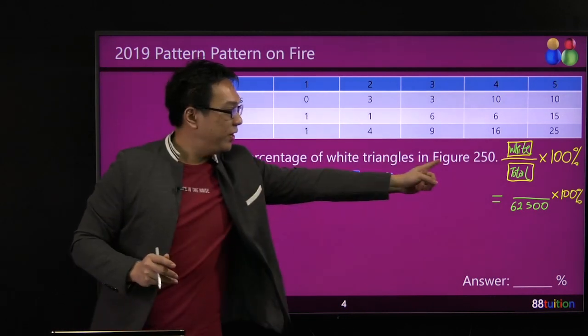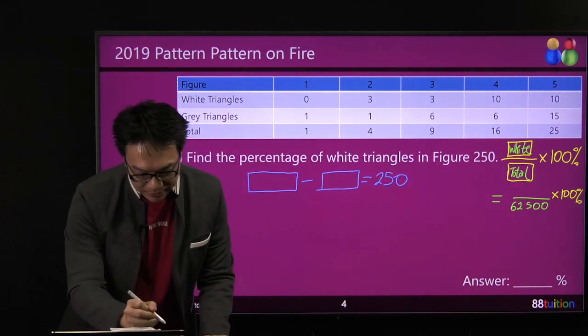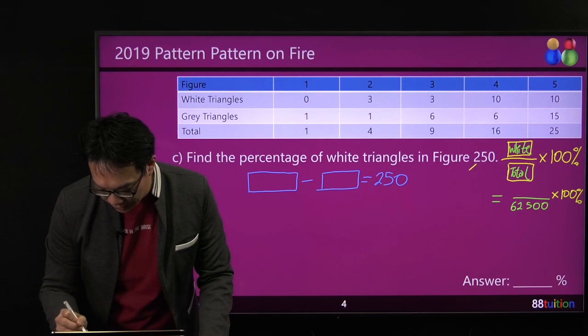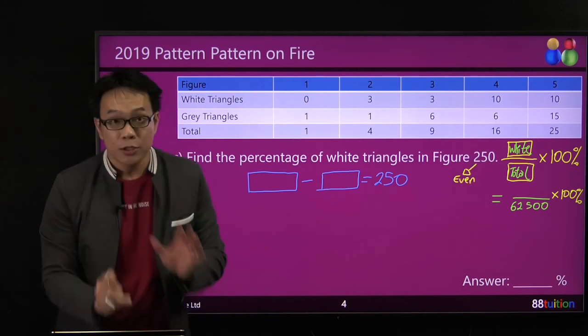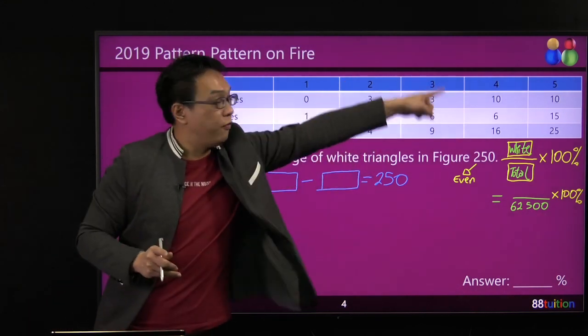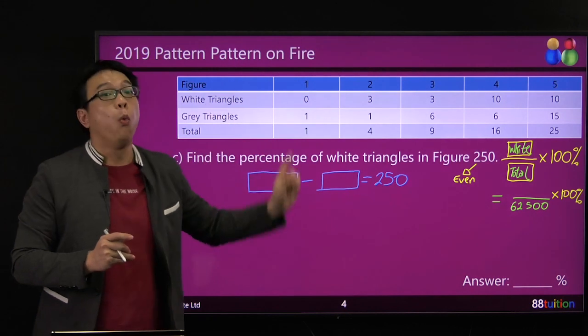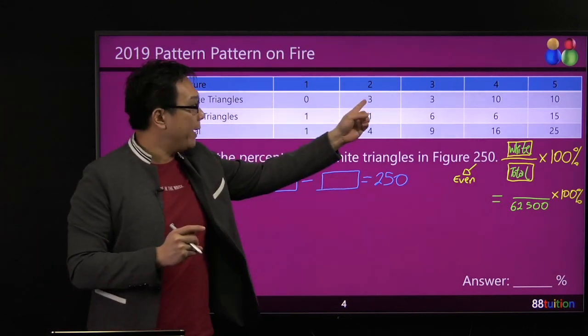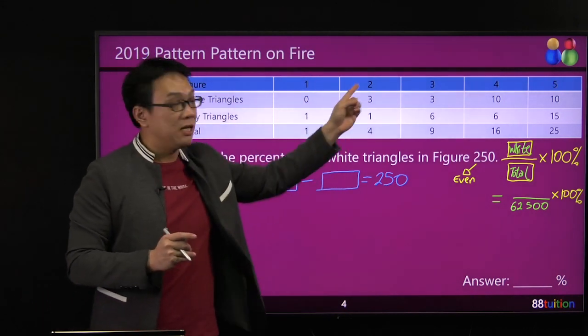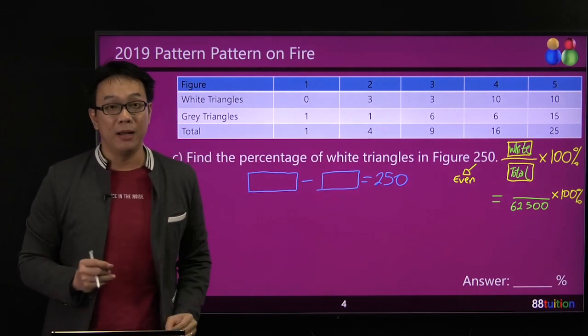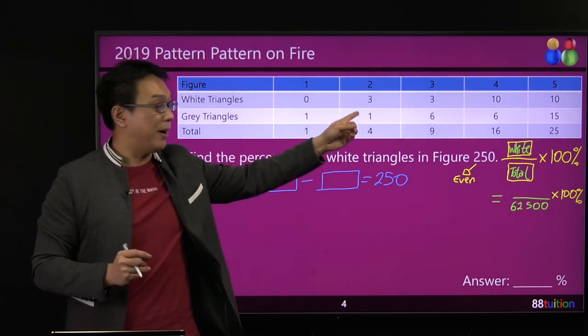Next question. Figure 250 is what? Yes, it's an even number. So for even numbers, you look at figure 2 and 4. What must be more? Alright, the white must be more. So the white minus the grey must give you the difference of the figure number. In this case, it's 2. 3 minus 1 is 2, right?